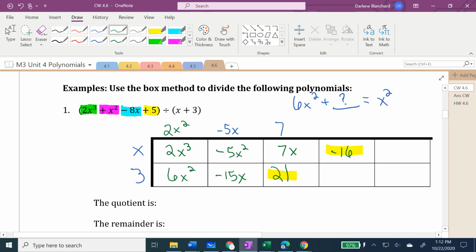Now, are you ready for the moment of, oh dear, or I don't know. With a polynomial, the least degree term you have is a constant. So when you're dividing and you finally get to the column that has your constant, that's it.